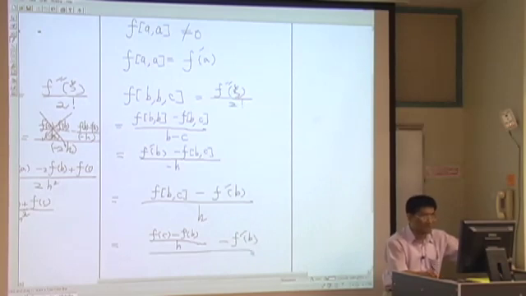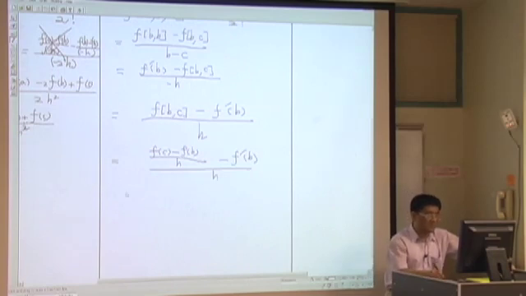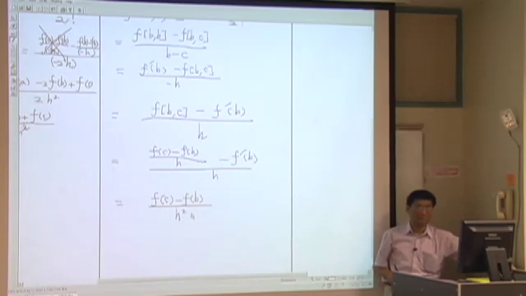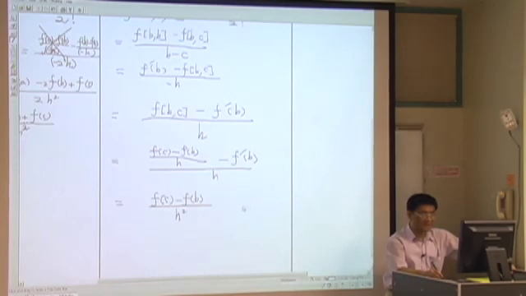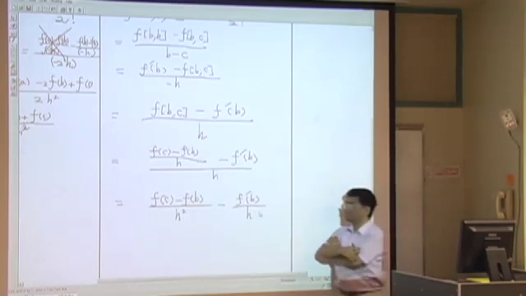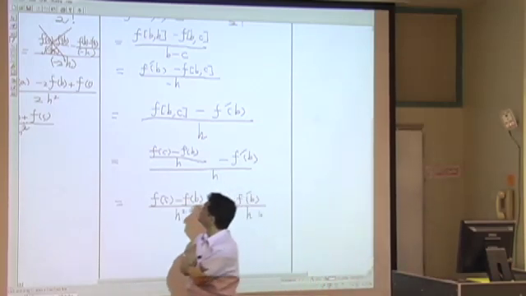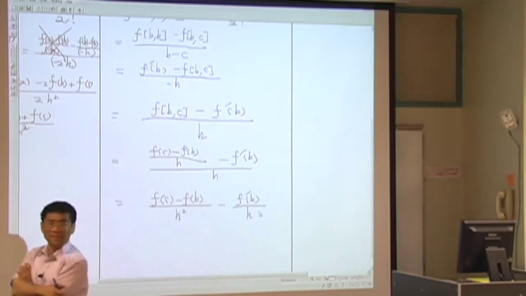And h. Then what happens if I select these terms? Then f of c minus f of b over h squared, minus f prime of b over h. So done.